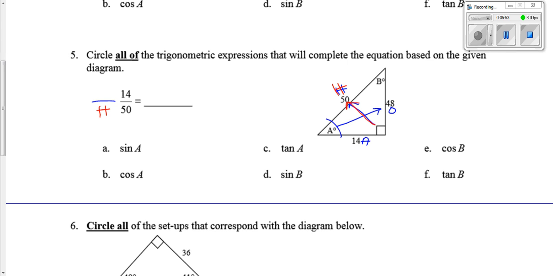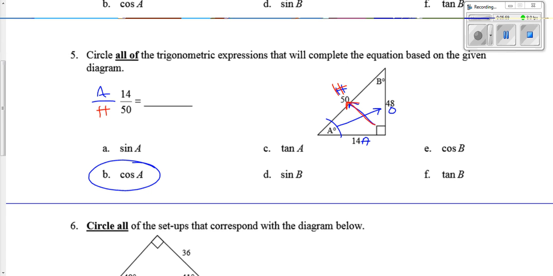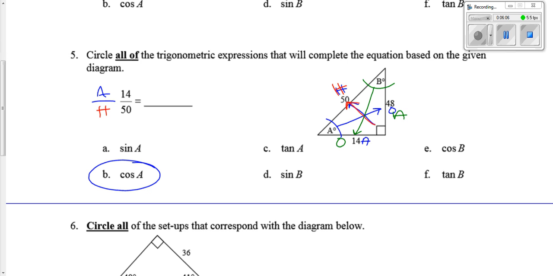So for A, 14 is my adjacent, so this would be the cosine of A, which is B. If I look from angle B, 14 is my opposite, 48 is my adjacent, 50 is still my hypotenuse. So in terms of B, 14 over 50 would be opposite over hypotenuse, which is the sine of B.